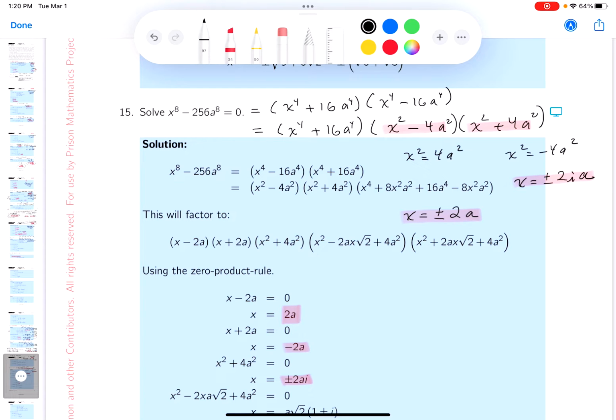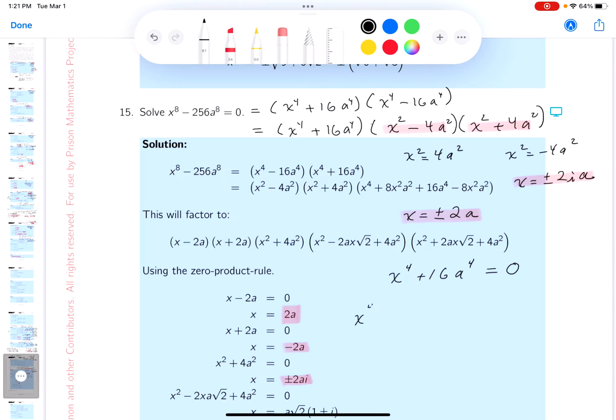How do I do that? I'm going to work on this guy now: x^4 plus 16a^4 equals 0. So I got to do something here and sort of complete the square on it. I'm looking at it, and I'll write that down for you.